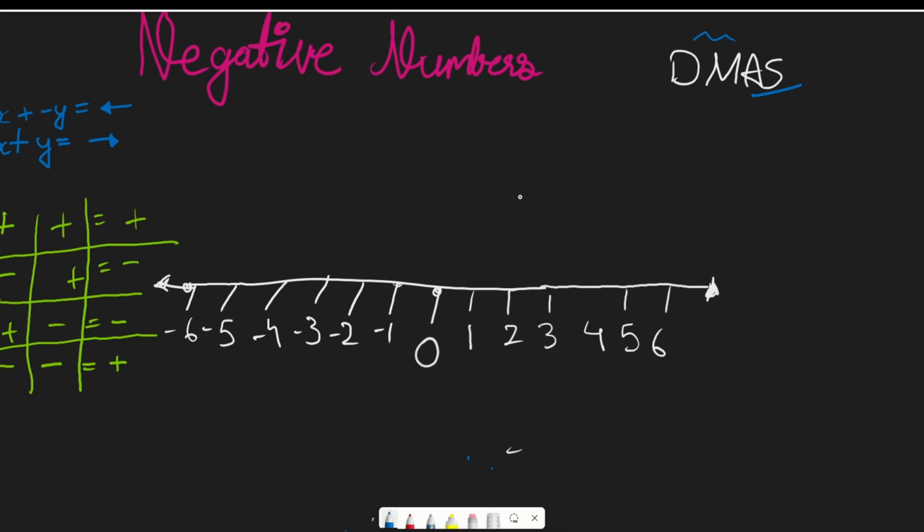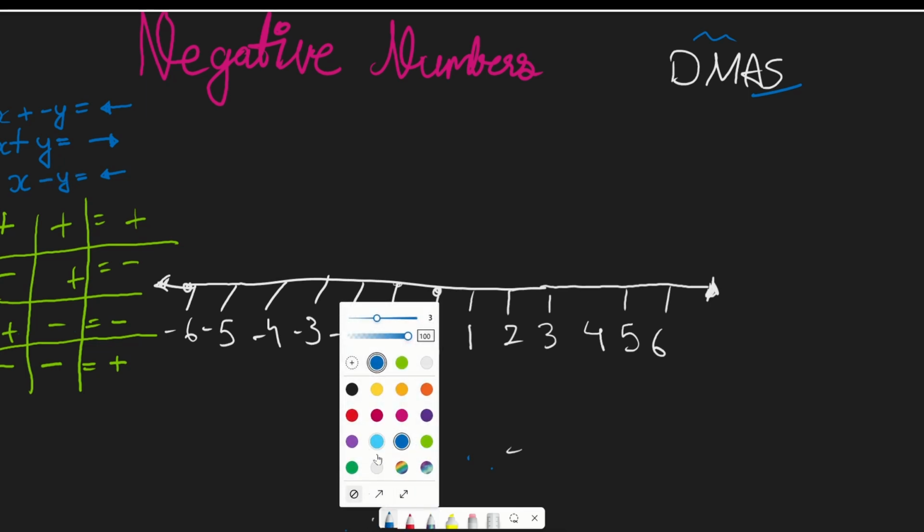Now you may have noticed that plus minus y is the same as minus y. So we can apply the same rule, right? Plus or minus x minus y, you move to the left. So now this becomes minus of a positive number.